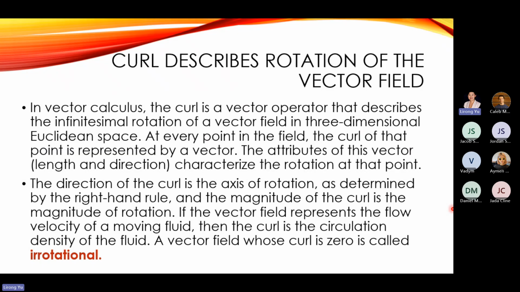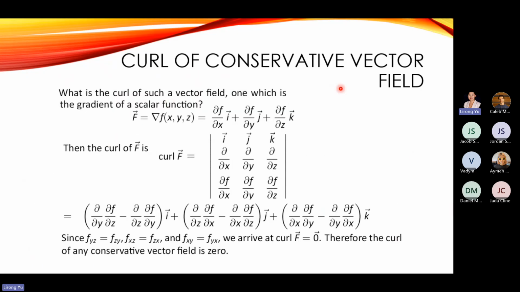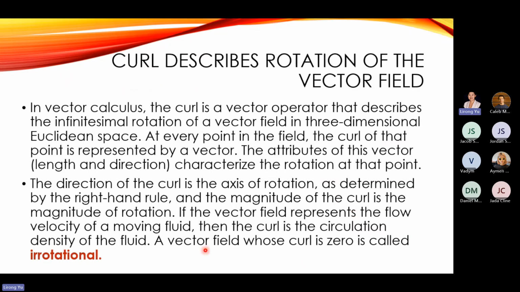And the one we were talking about, if it's a conservative vector field, then all three components of the curl equal 0. Curl is basically the vector (0, 0, 0). And this is what we call irrotational, meaning the vector is a fluid that doesn't rotate and flows straight in one direction. There's no curling.